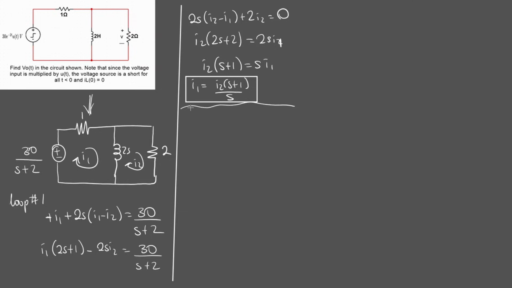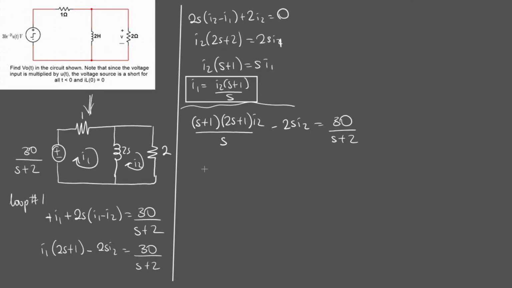So it's going to be I1 into 2s plus 1, that's s plus 1 multiplied by 2s plus 1, multiplied by I2, all divided by s. Then for my first equation, minus 2s I2 is going to equal 30 all over s plus 2.